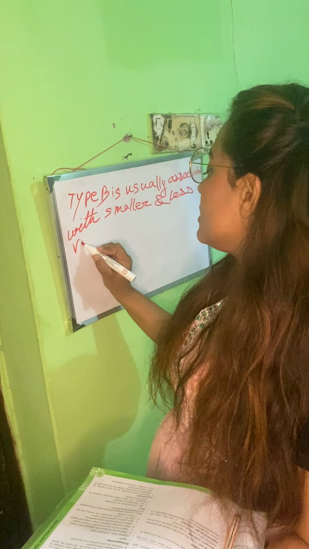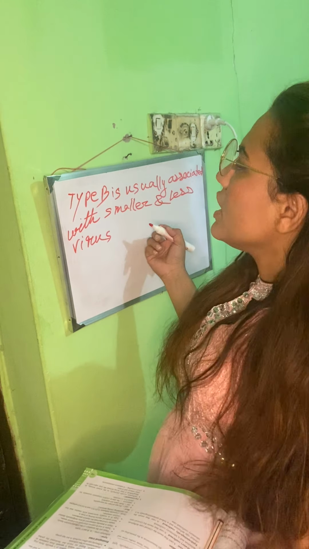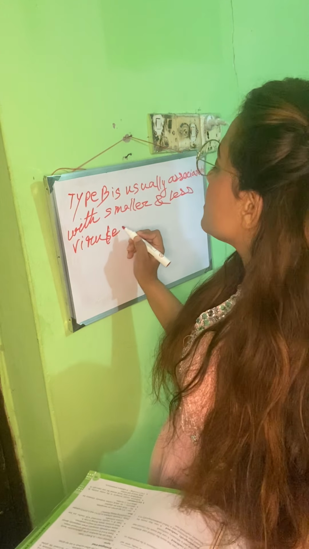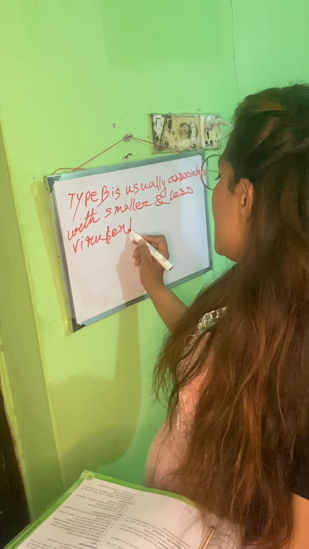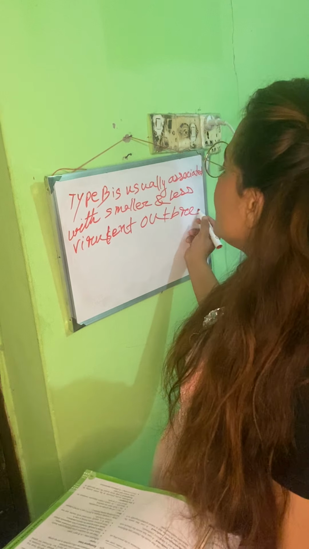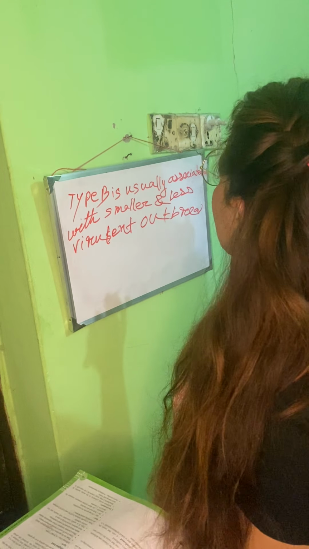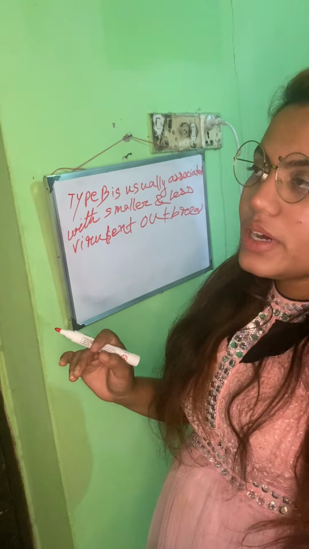Remember this point, less virulent outbreak, not more virulent outbreak, it's less virulent outbreak. So type B is usually associated with smaller and less virulent outbreak.